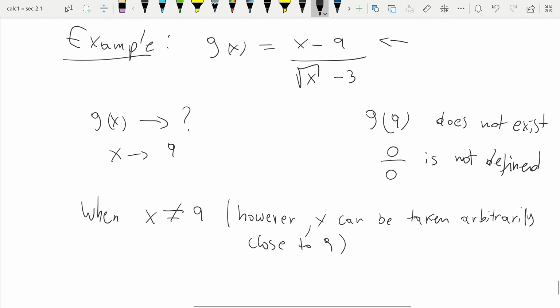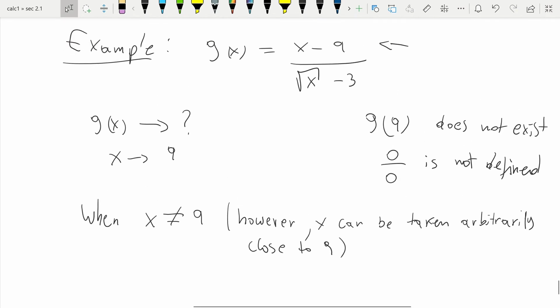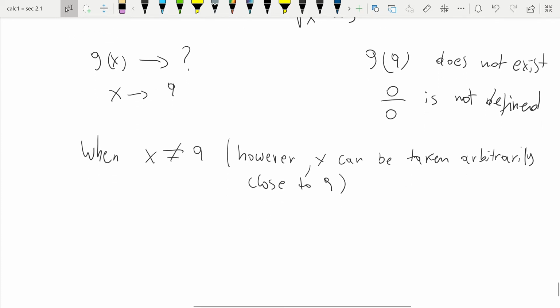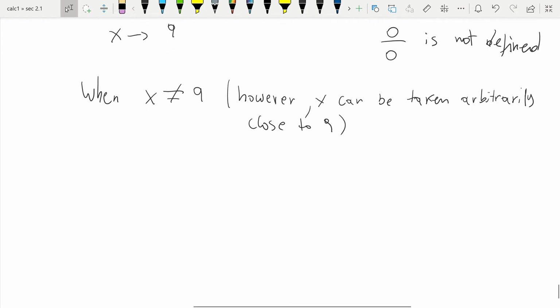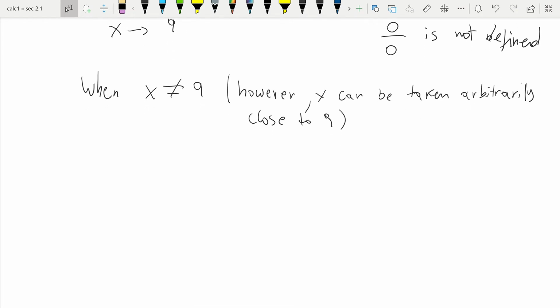So you can get as close to 9 as you want. The only problem here for the expression defining g of x happens when x is equal to 9. But if you're close but not equal to 9, then you can perform whatever you want. And this is in fact what you do to compute this limit.